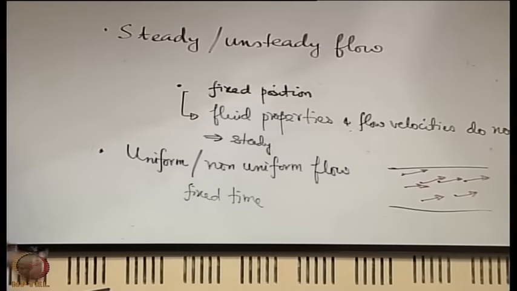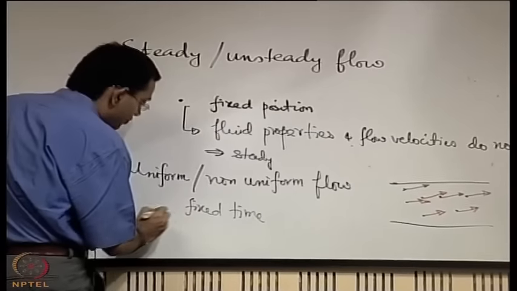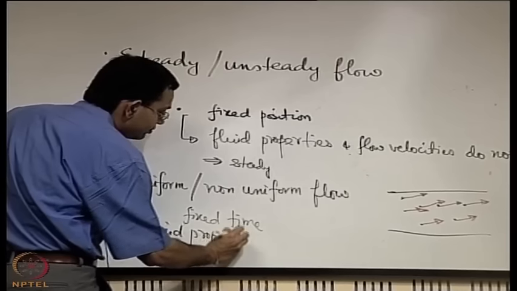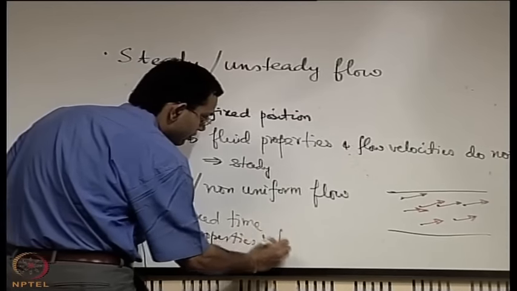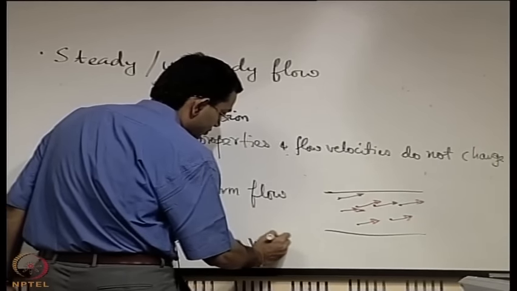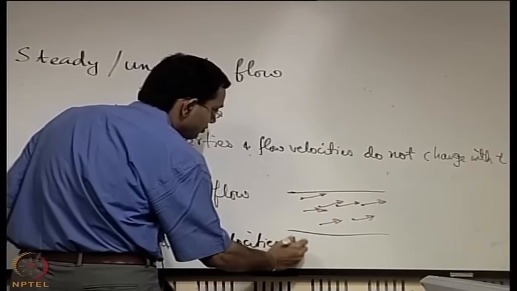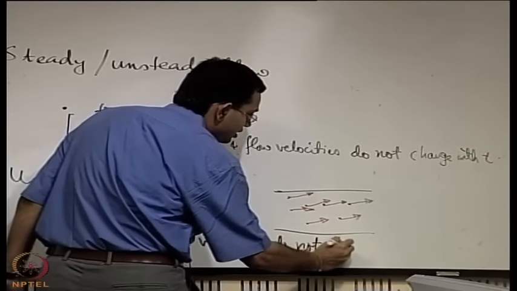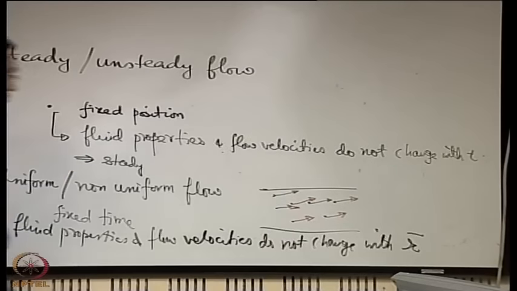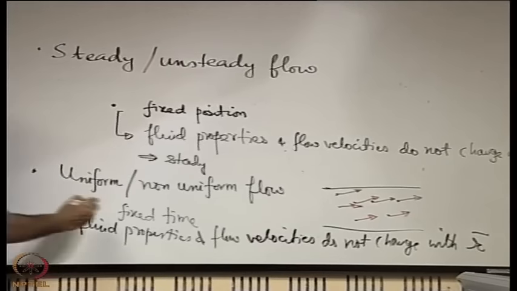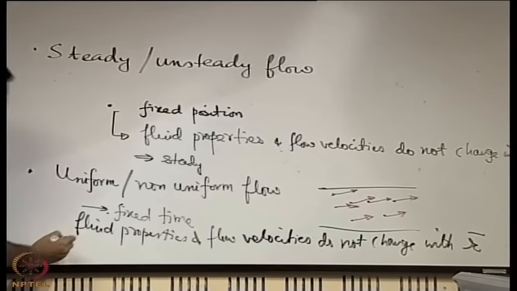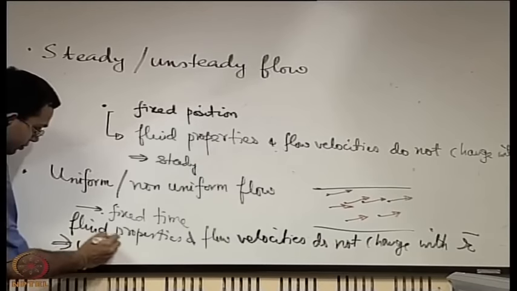At a fixed time we are trying to see that fluid properties and flow velocities are invariant with position. They do not change with position. So if that is the case, that at a fixed time we are finding that fluid properties and flow velocities do not change with r, we call it a uniform flow field.